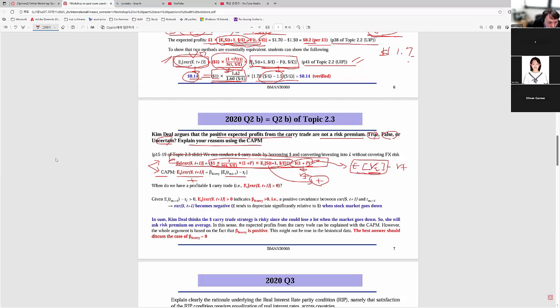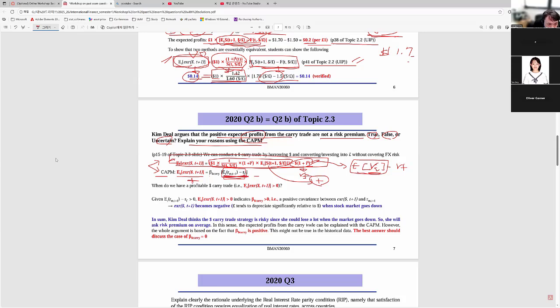Can we justify this positive profit from implementing dollar carry trade using CAPM? That's the question we are asking here. First of all, this one should be positive. This is the ex ante excess return, which means even before investing into the stock market, you expect to earn more than the risk-free rate by investing into the stock market.